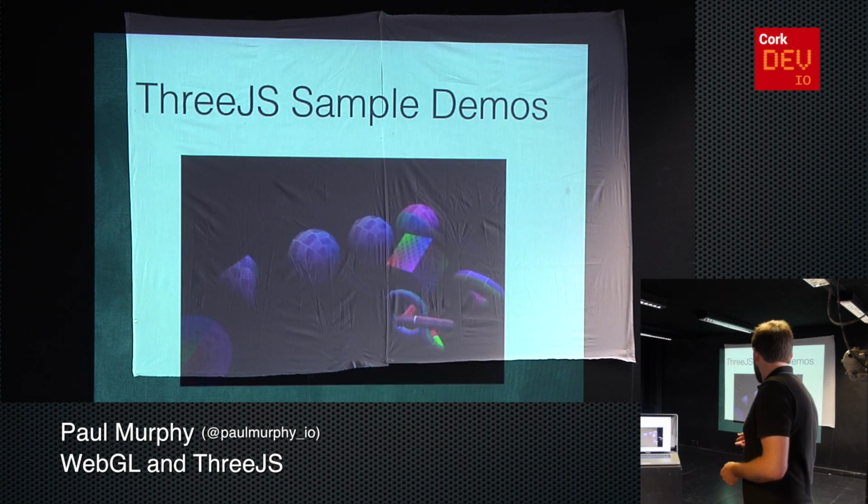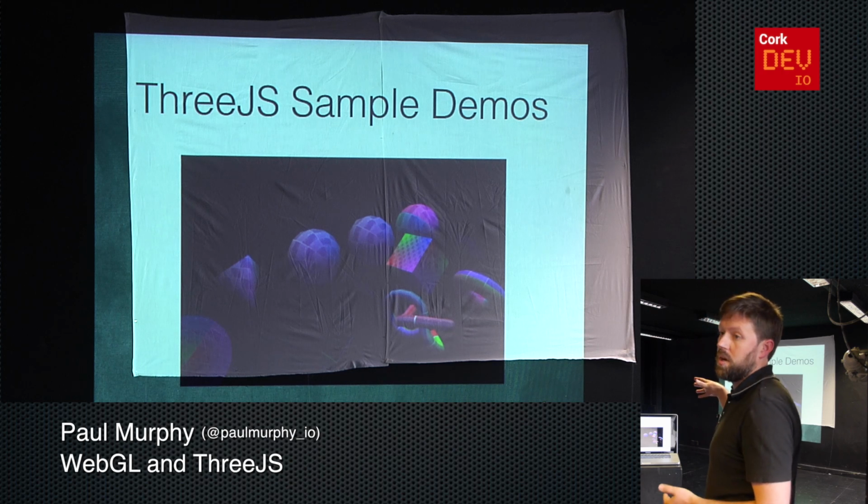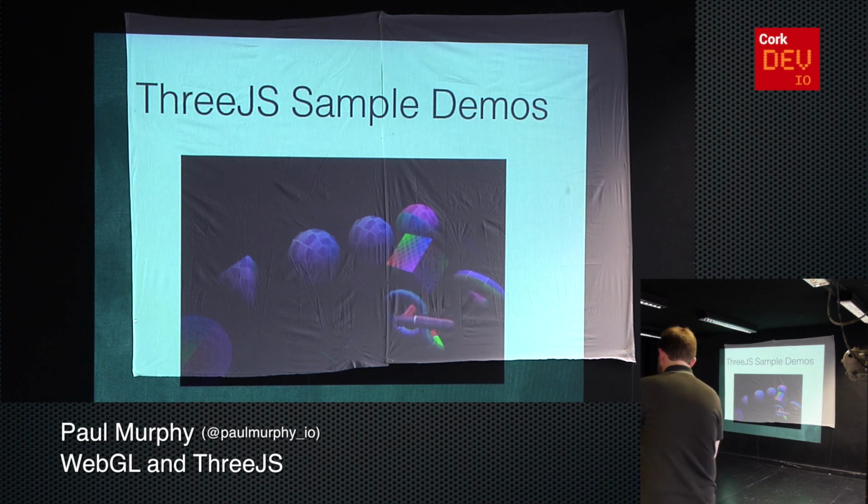I'll talk about that a little later. I've just taken some Three.js demos that are running offline, so not as impressive as the ones that are running online. So I'll just show you some of those running in Firefox.